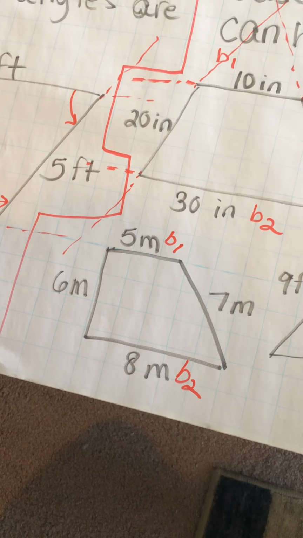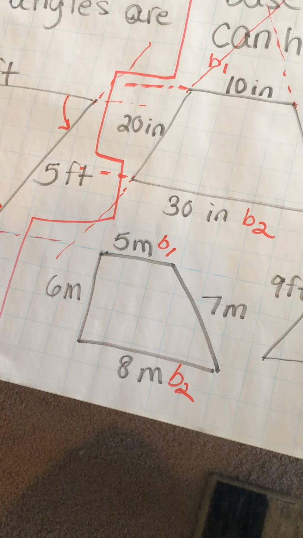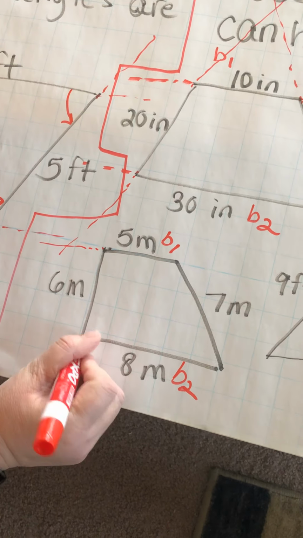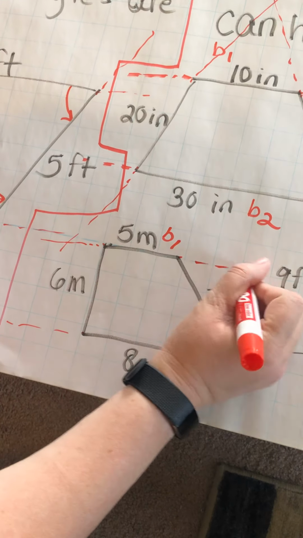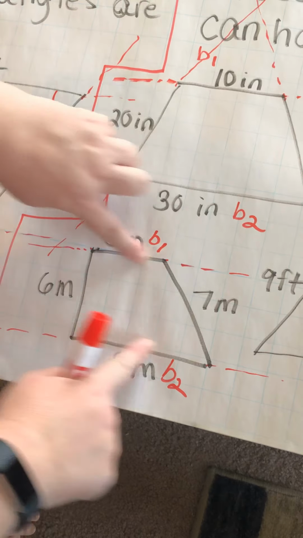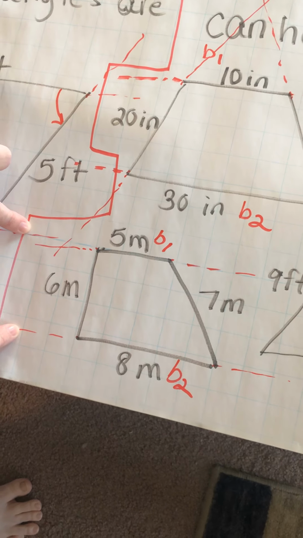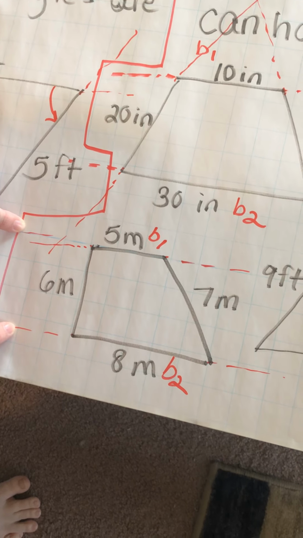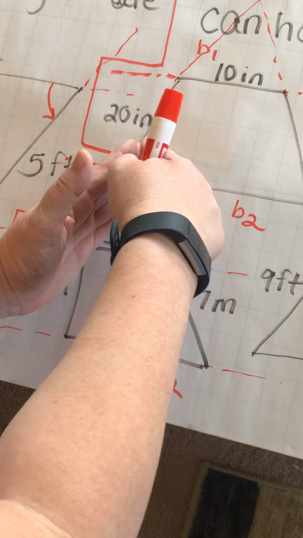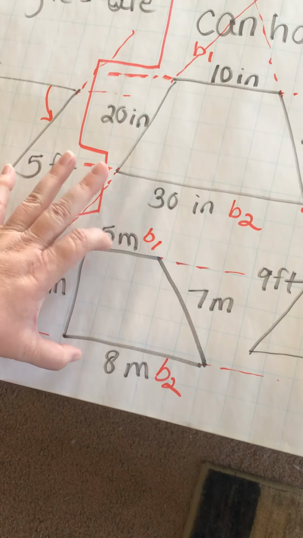Well, you can still find one pair. Look at this. It's going out, and it's going out. It's going to go that way, and it's going to go that way. That is your one pair again, because base 1 and base 2 are parallel to each other. If you had this, it's going to run into each other. Okay, so only one pair.